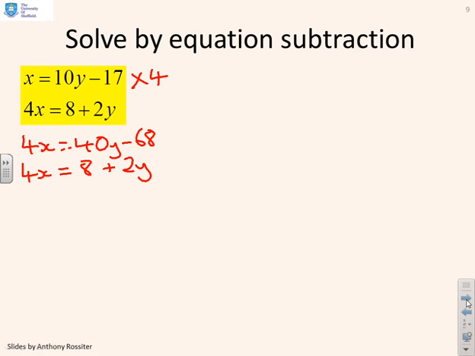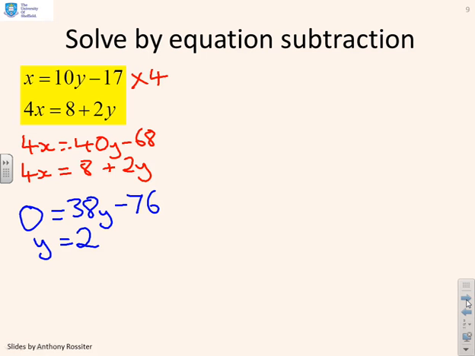Now, if I do equation subtraction, I subtract the lower equation from the upper equation, and you'll see 4x minus 4x gives me 0, 40y minus 2y gives me 38y, and minus 68 minus 8 gives me minus 76, and clearly that gives me y equals 2. Now I can substitute that into one of the other equations in order to solve for x.